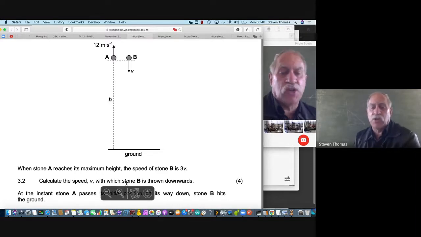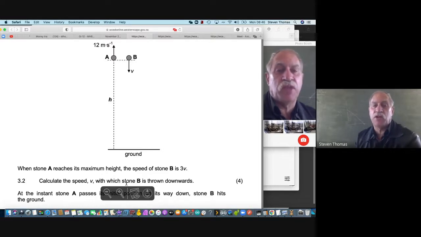Okay. So again, you're going to use an equation of motion. Now we know the time that it took A to reach the top. That's the same time it takes B to reach 3v. So what are you going to do? It's not hard to work with v and 3v. You're going to choose an equation of motion that involves initial velocity, final velocity, and time. For your initial velocity you put minus v because it's going down.